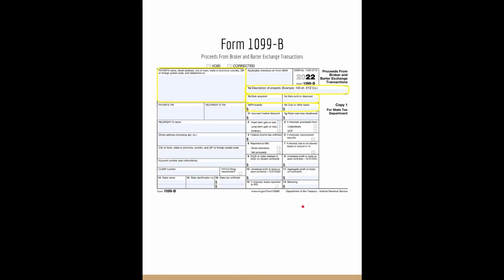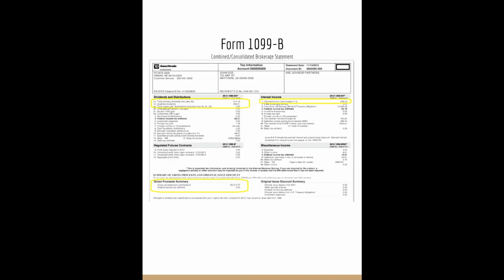Now the 1099B can look like this, where it basically has one description of property, the date acquired, date sold, proceeds, and cost basis. This is all information that you don't need to stick into the organizer if you are providing us with this form 1099B. Or you can get this form 1099B, which is going to be a combined consolidated brokerage statement.